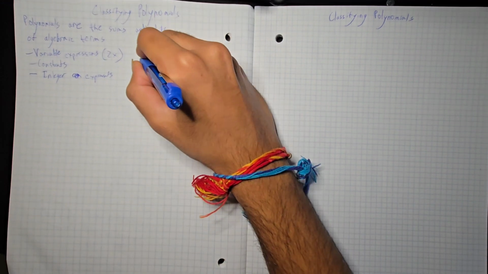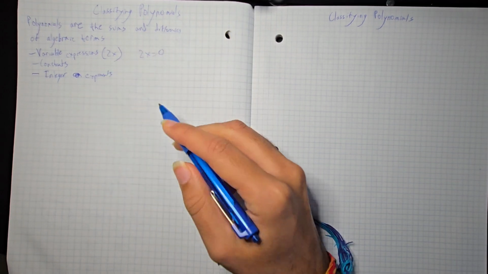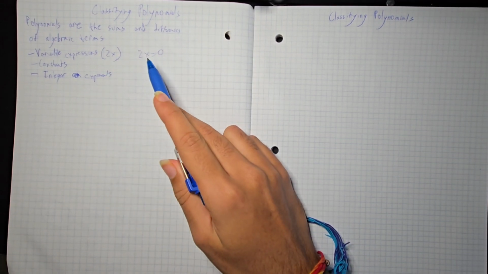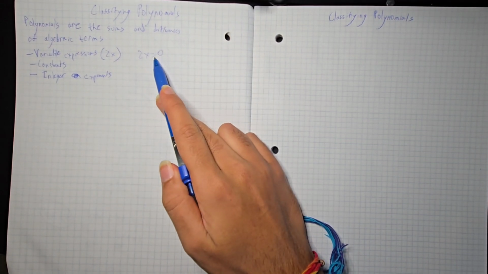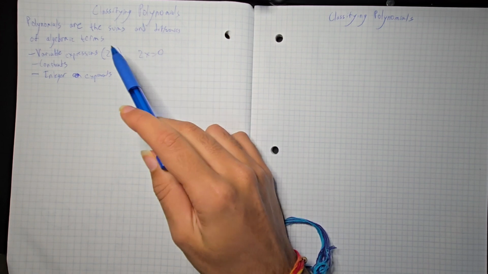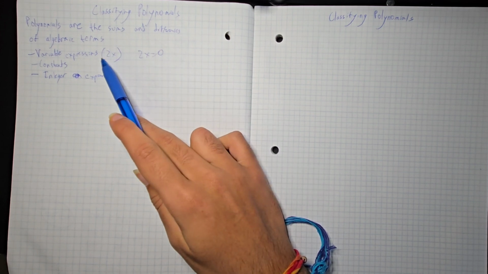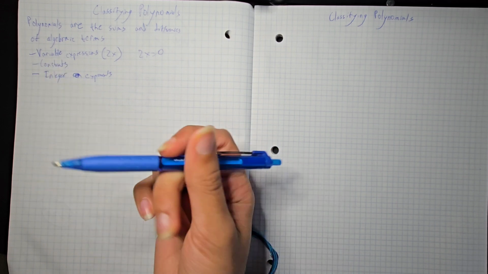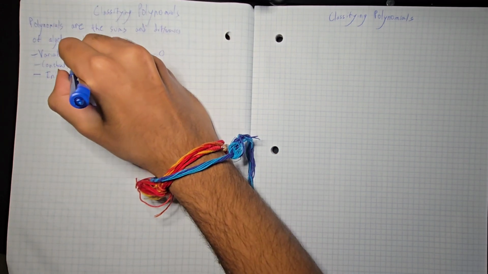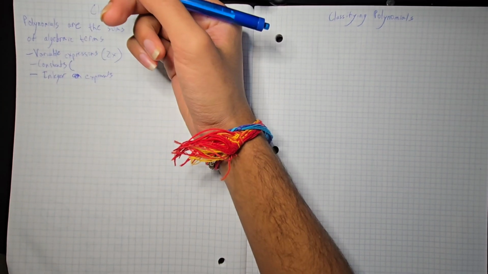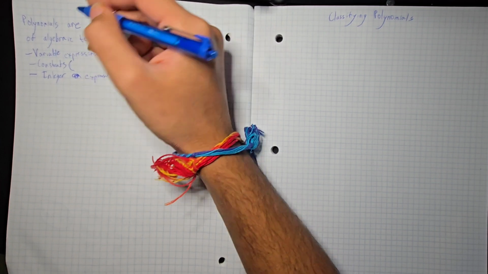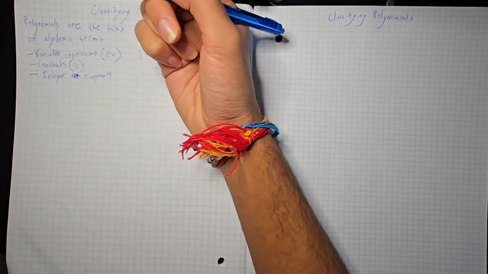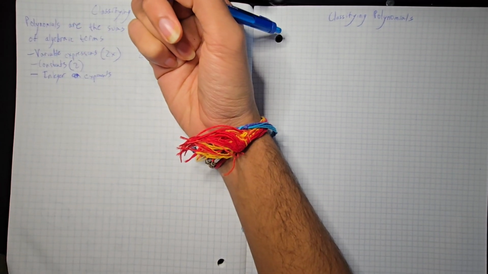For example, if it was 2x is equal to 0, that right there is not an expression, that's an equation because it has an equal sign in the middle. So essentially it doesn't have to be x or exactly 2, it can be any. And constants. So constants are basically just numbers without any letters or variables. So 2 in this case can be the constant.